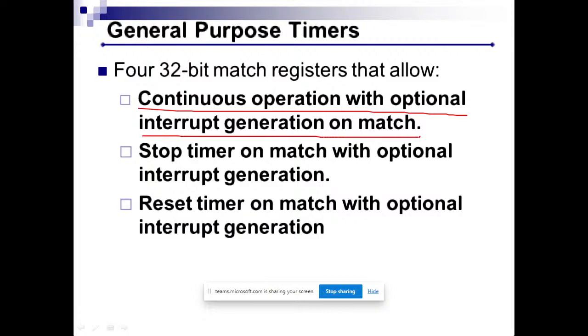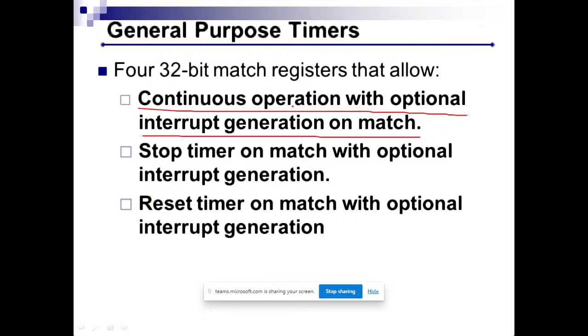In this case your timer will run continuously, and whenever the timer register value is equal to the value stored in the match register, an interrupt will automatically be generated. So it is a continuous operation. At regular intervals the interrupt will be generated, and if you want to accomplish certain tasks, you can do so on the interrupt generation.